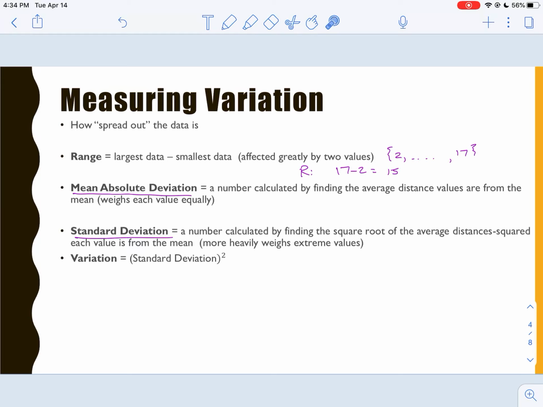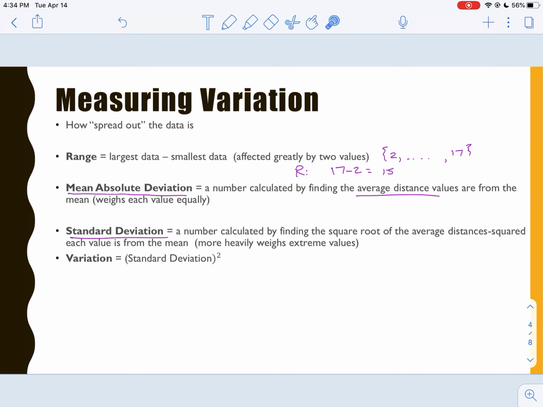Mean absolute deviation is really just the average distance that values are from the mean. So if we take the distance a single value is from the mean, we can understand that. And then if we take all of those distances and we average them, that's what mean absolute deviation is. It weighs each value more or less equally, depending on where it is from the mean.